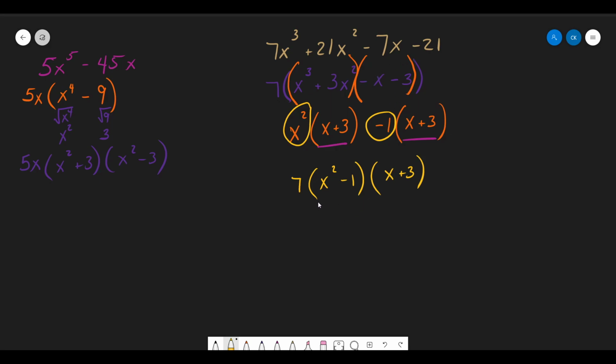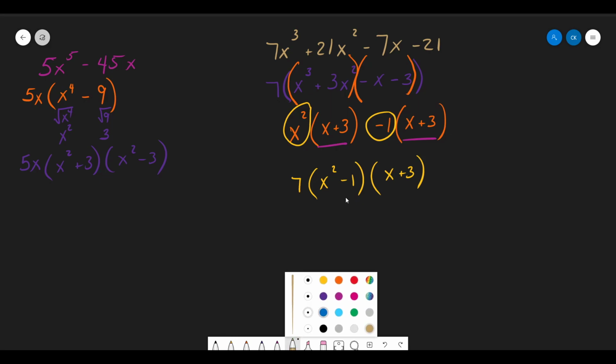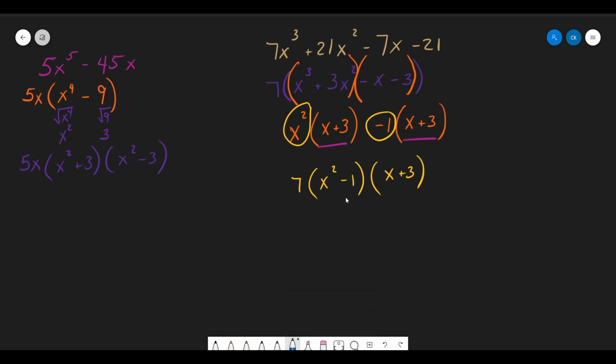Because when I take a look at this first parenthesis, hopefully you recognize that here, I can factor this again. It's a binomial with a minus sign, and both terms are perfect squares. The square root of x squared is x. The square root of 1 is 1.